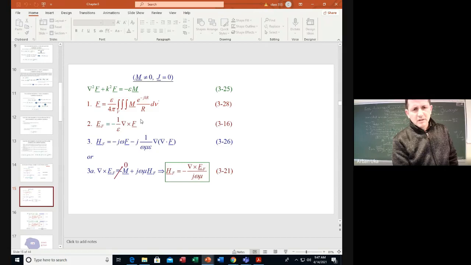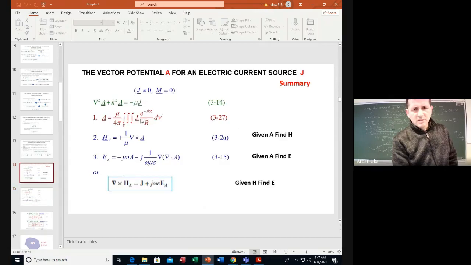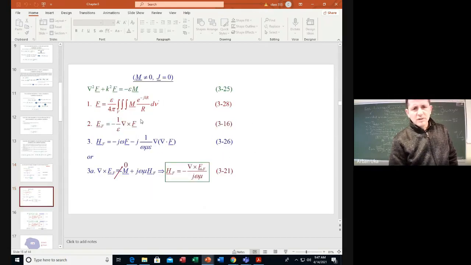Now, this is another summary similar to this set of equations. Here we are considering a magnetic current density different from 0, and a normal current equal to 0. So J is 0, M is different from 0, and in these conditions, the vector potential F will be a solution of the differential equation shown here in green, which is equation 3.25.